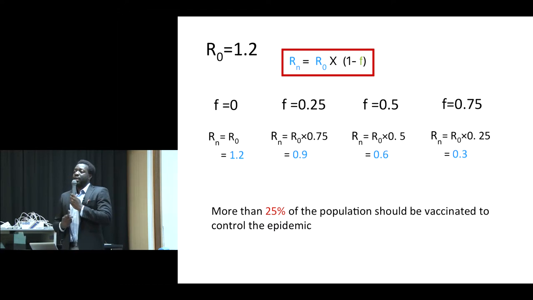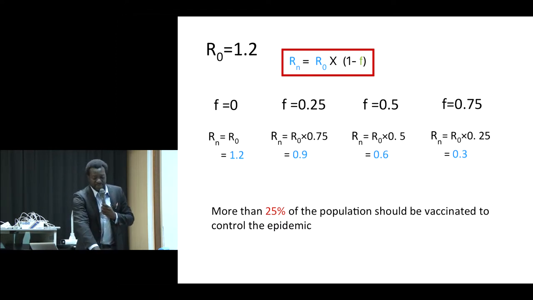How many adults or elderly should receive flu vaccine, for example? We need to know the R naught of the specific infectious disease in order to be able to estimate the number of people who should receive the vaccine.